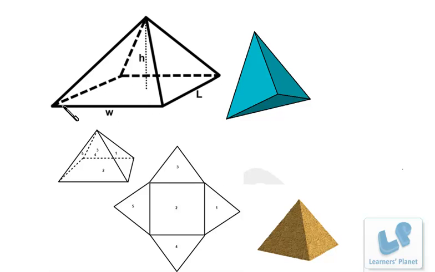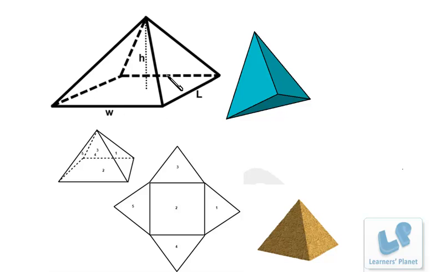That is breadth into length, right? If it is square, then it will be length square. If it is rectangle, then it is length into breadth, right? And this is the height from the top point to the midpoint of this base. This is actually height. Now these are triangular surfaces.